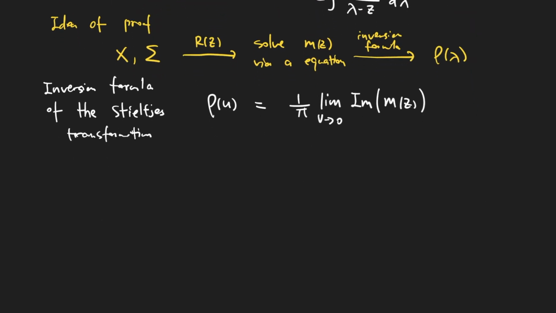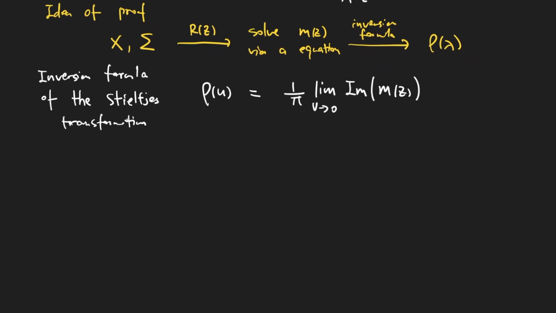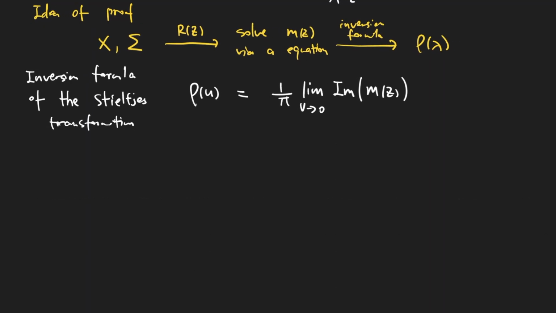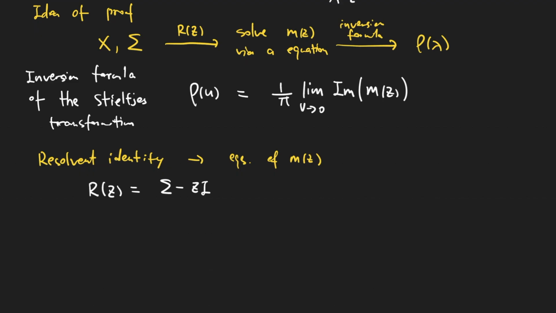Okay, so in terms of this proof, let's first think about how we can obtain the function for m of z. So the first thing we can do is to just look at the resolvent. And using some algebraic manipulation, we can obtain a resolvent identity. And that will give us the equation of m of z eventually. So we can start with the definition of the resolvent R of z equals sigma minus z times I, inverse.